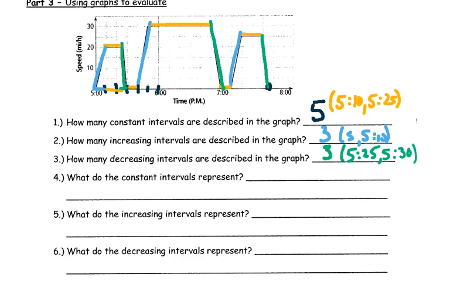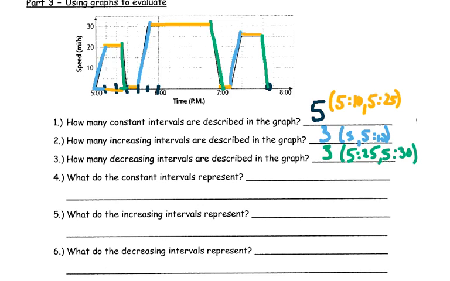Now, what do the constant intervals represent? In order to answer this, you need to look at what the graph represents. So it's speed over time. That means that if you are traveling at a constant here, you are traveling at the same speed.